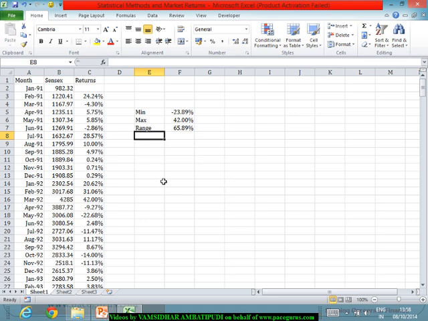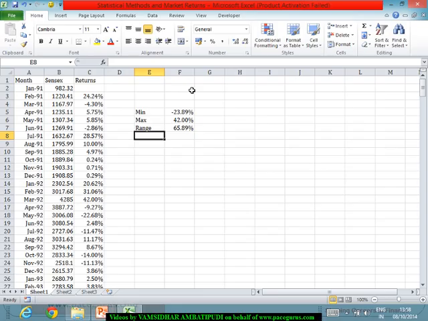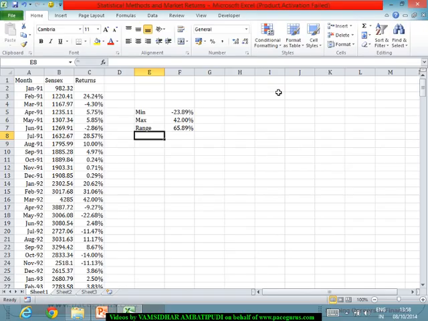Now I am also interested in identifying how many intervals are there to depict that particular data. Depending on the range, it's better that I choose the interval, and to a large extent it is expected that the intervals can be planned out as an integer rather than a decimal.